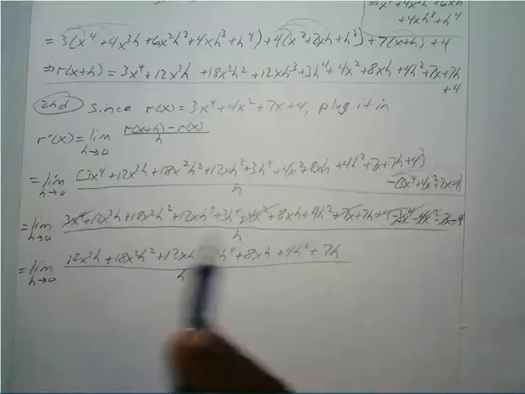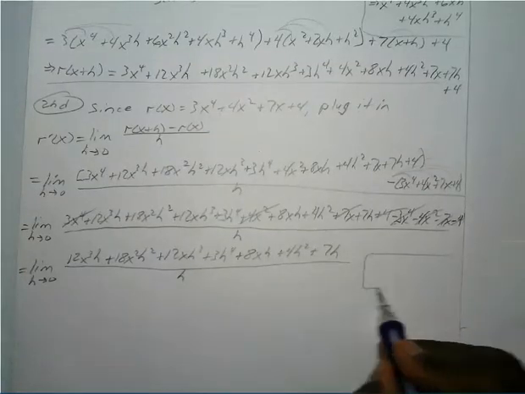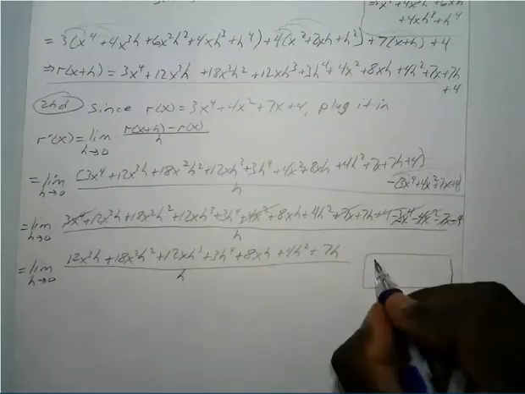Alright, so once we've canceled out and we're at this step, you should be able to factor an h out of everything in the numerator.